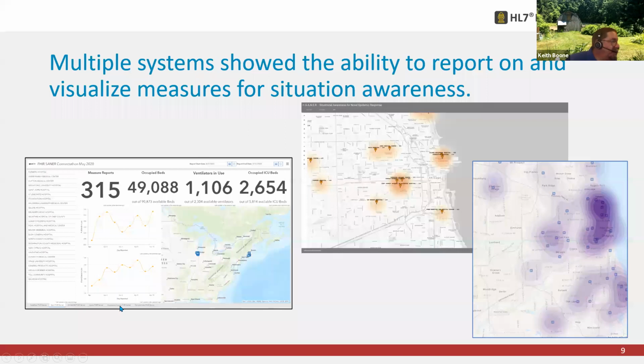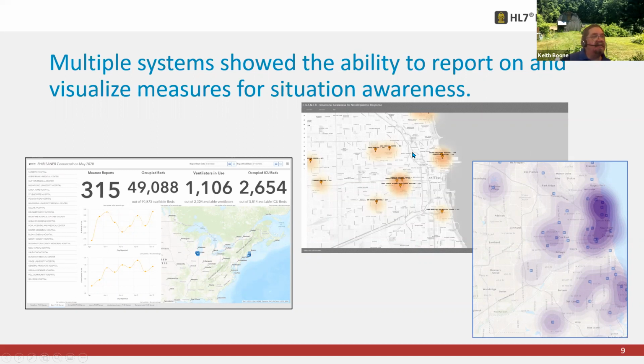We also built a system based on the HAPI JPA server. And then Symptomatic was also deploying a FHIR server that was able to share data. So we were able to demonstrate the ability to produce dashboards based on any of those different systems.